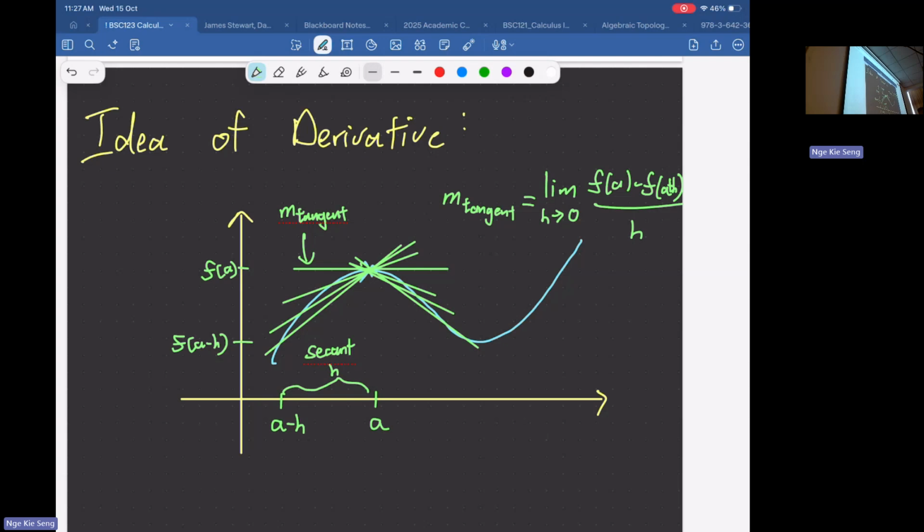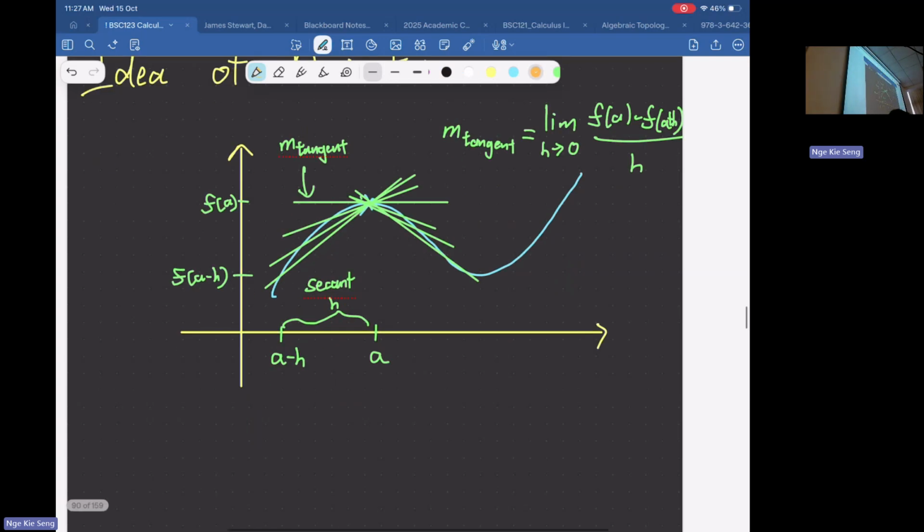Does it make sense? This is the first use of limit already. We build a new function using f. This is a secant function, the gradient of the secant in particular. Is everyone familiar with this gradient? Did you learn this in high school?